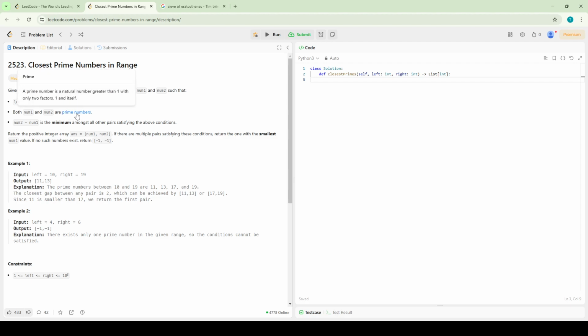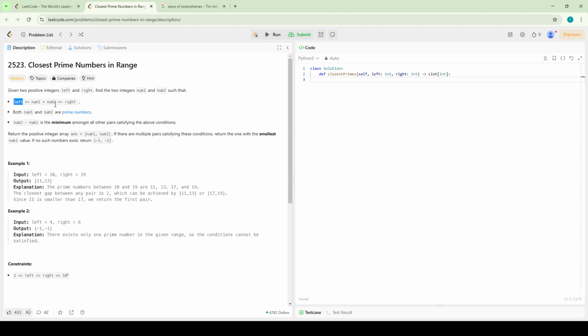If you don't know what a prime number is, here's the definition. A prime number is a natural number greater than 1 with only two factors, 1 and itself, right? We also need to ensure that num2 minus num1 is the minimum amongst all other pairs.